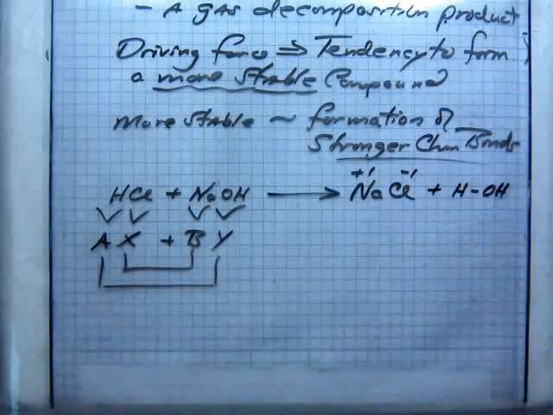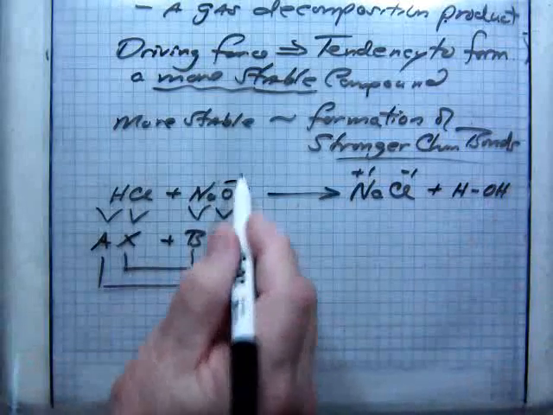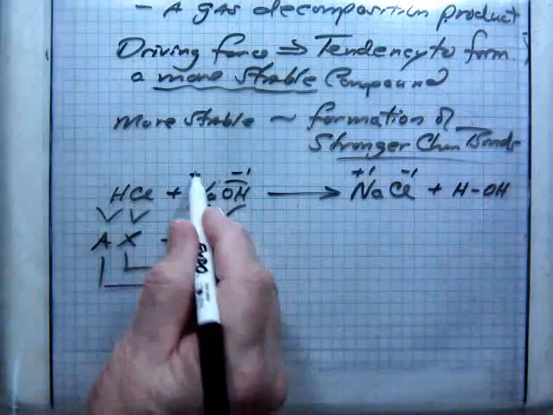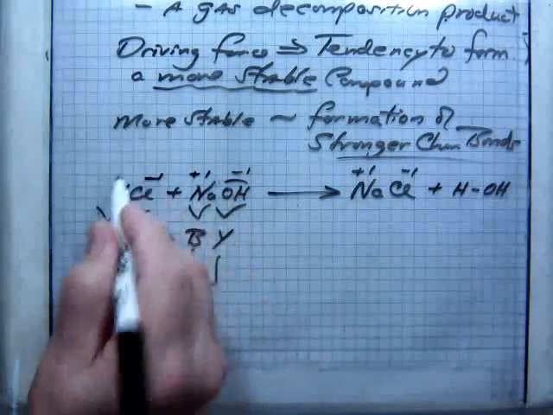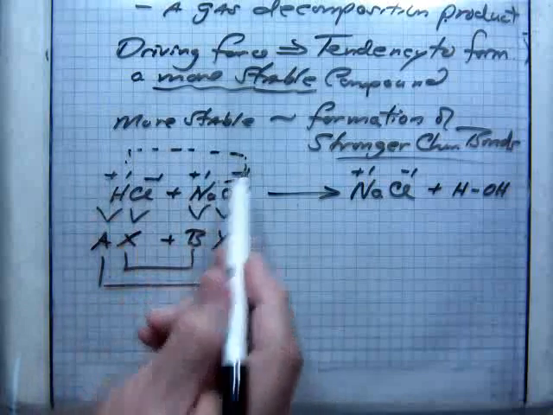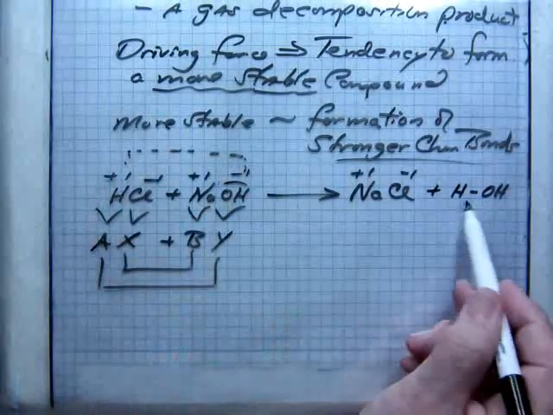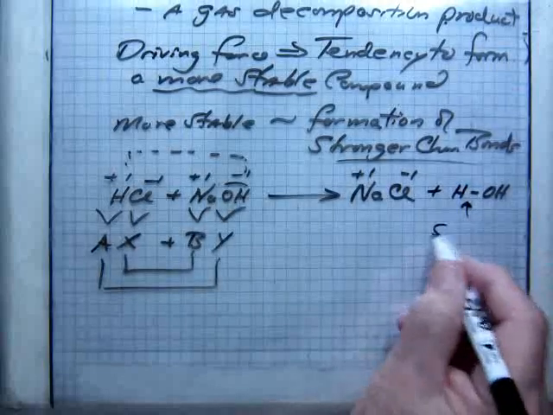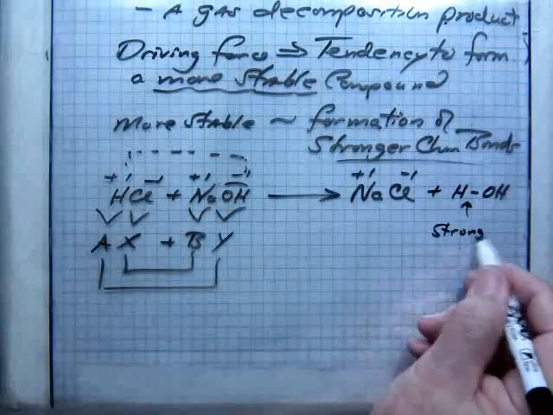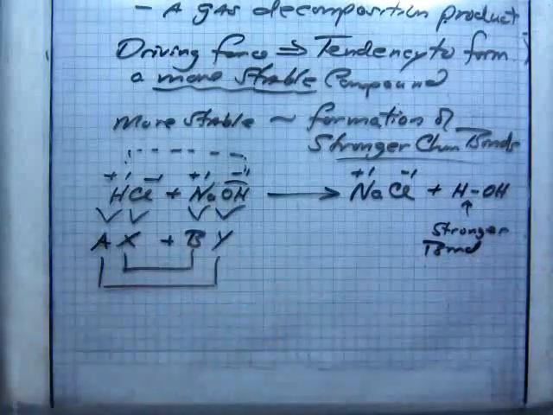And I'm going to write water in this format, where over here you see the OH group carrying a -1 charge, +1, -1, +1. The hydrogen and the oxygen would connect here, and this is a stronger bond than anything on the reactant side.